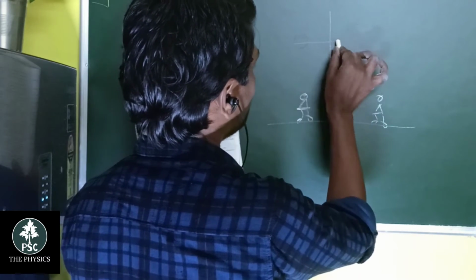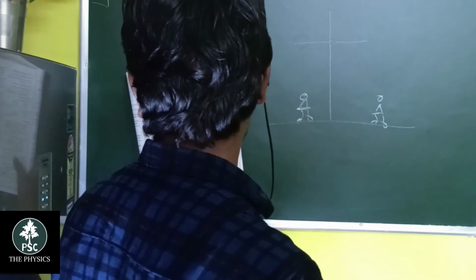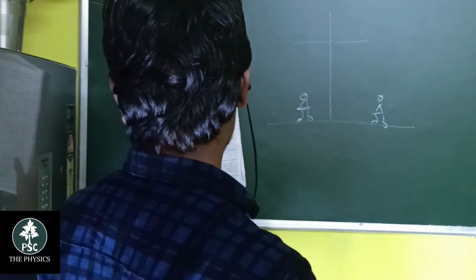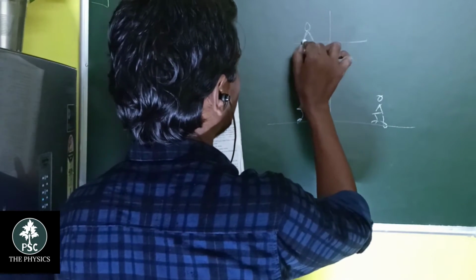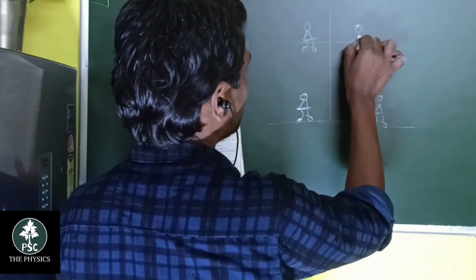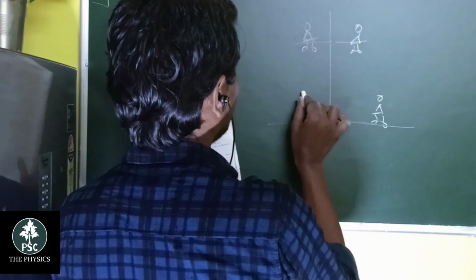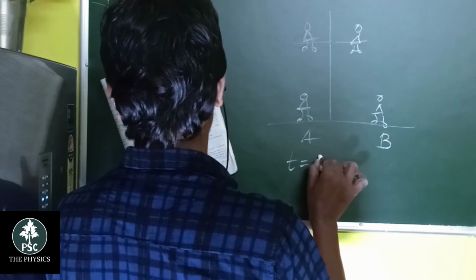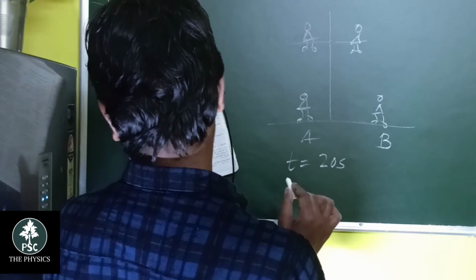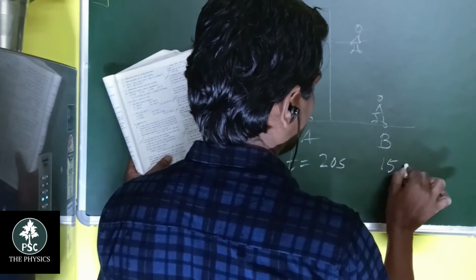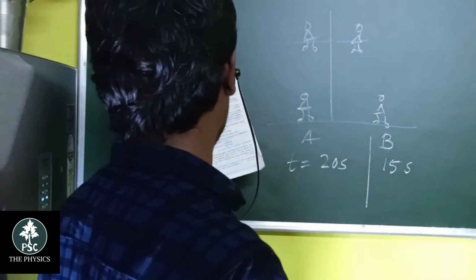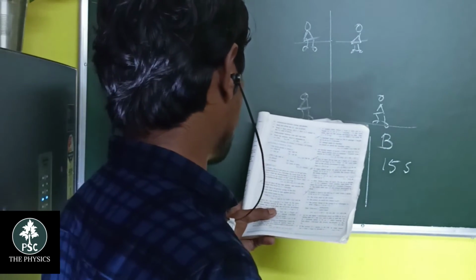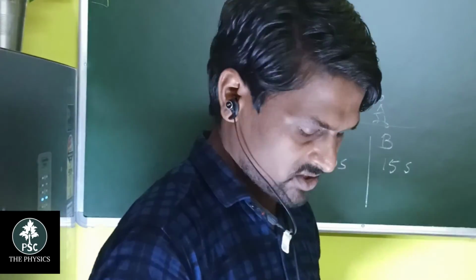It takes 20 seconds for person A to climb up the stair, and B does the same in 15 seconds. So you have to compare the work done and the power developed by persons A and B.